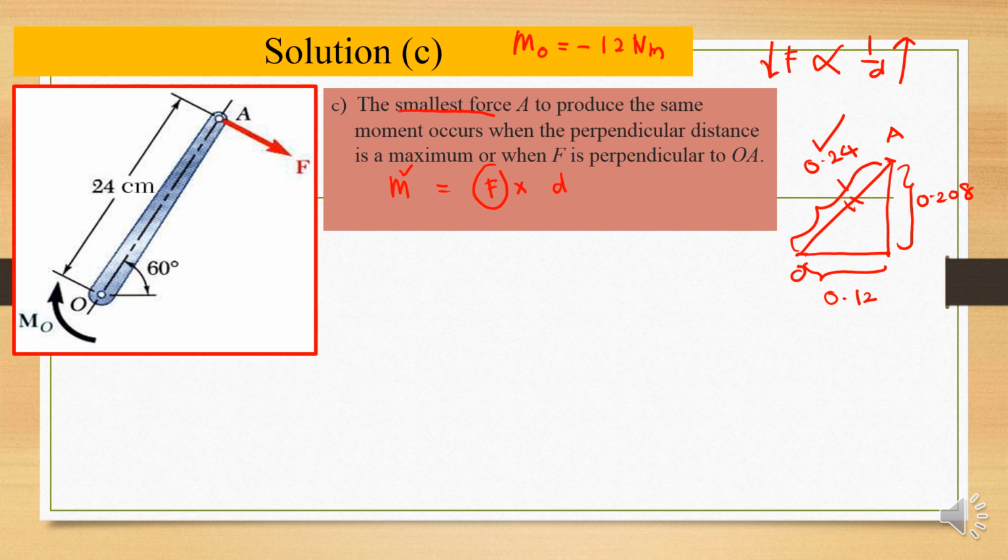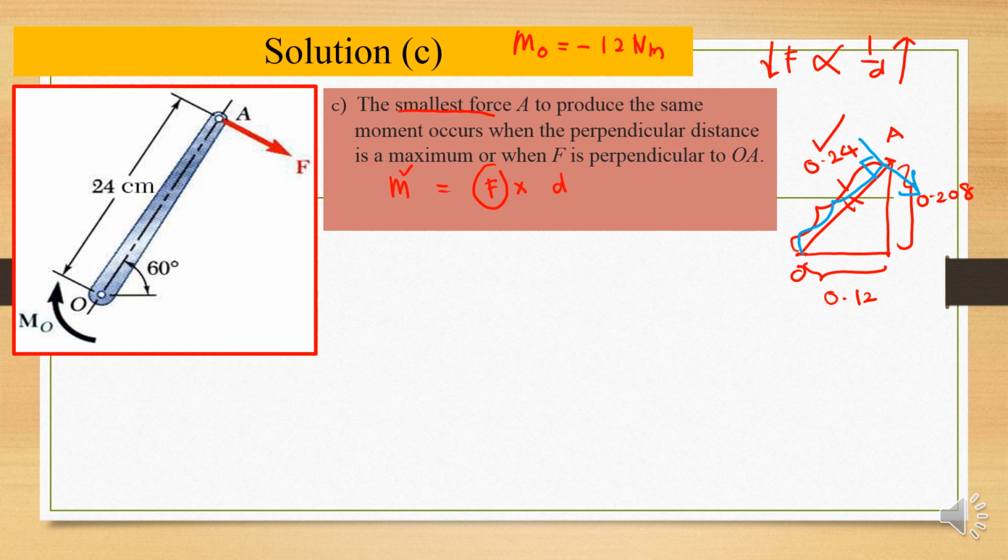In order to make this the perpendicular distance, the location of the force should be like this, so that it will become the perpendicular distance. So this is actually the perpendicular distance for us.